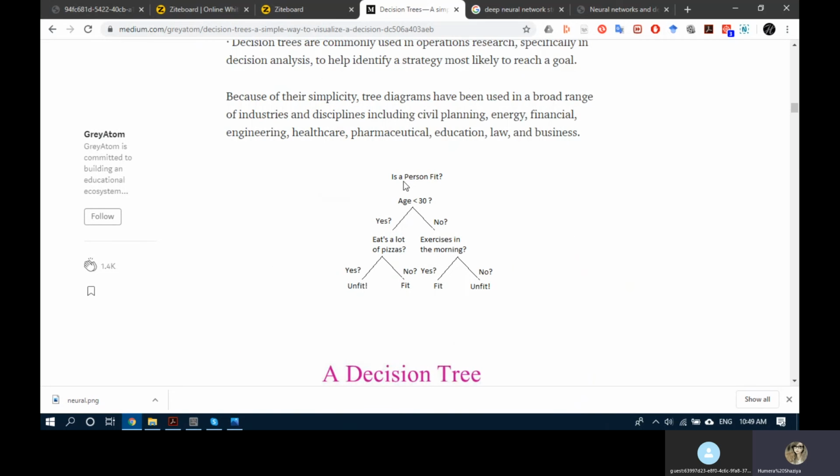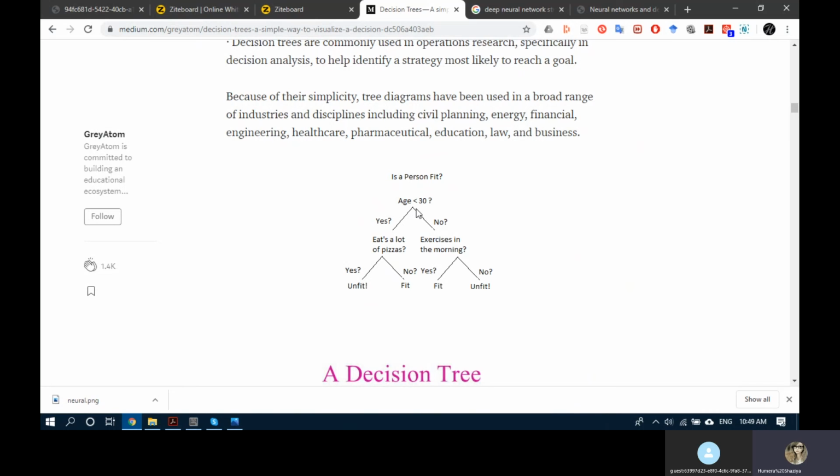Is a person fit? This is like deductive learning, deriving the conclusion. Forget about this question. Just think that we have a data set. From the data set, we have constructed this decision tree.